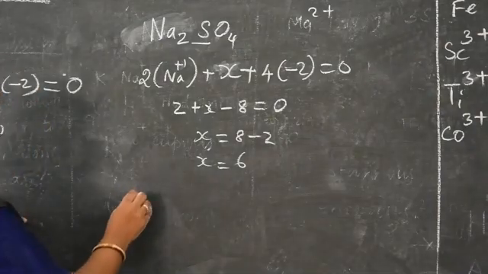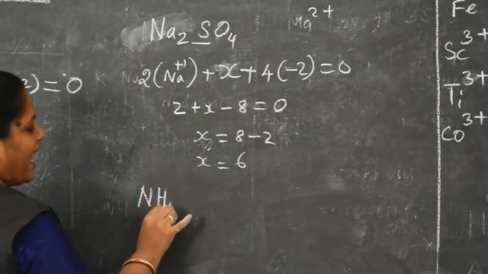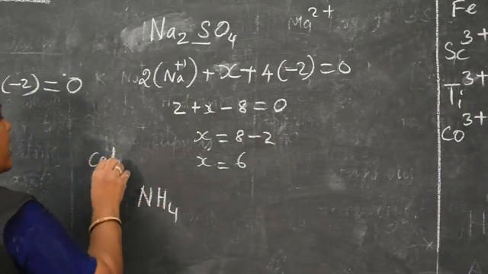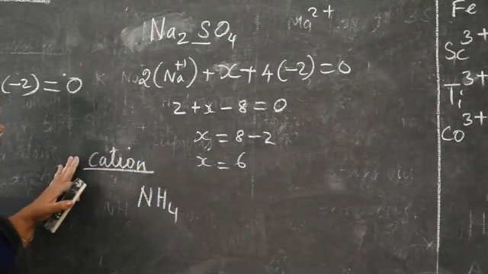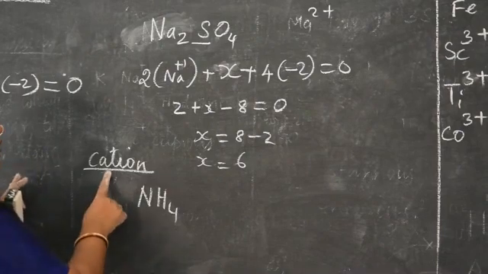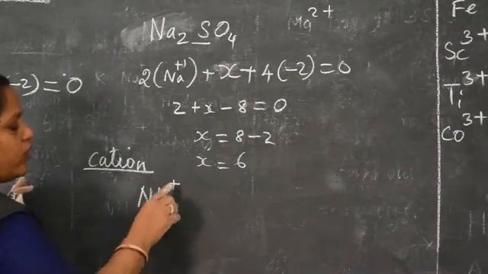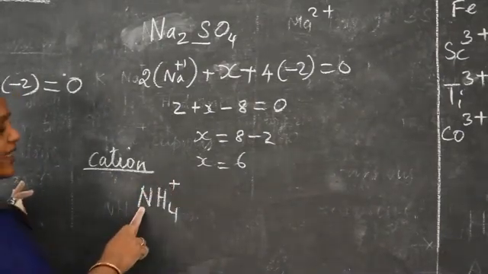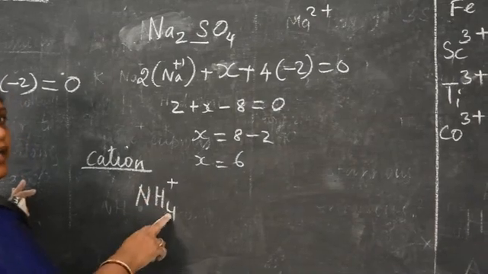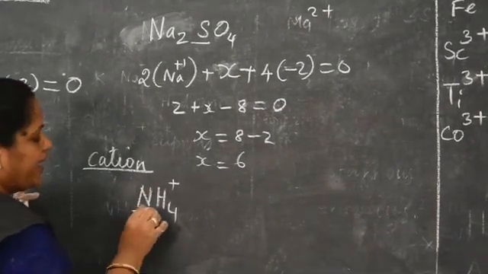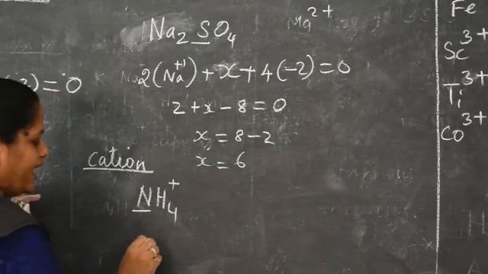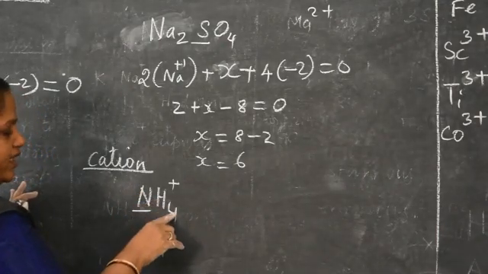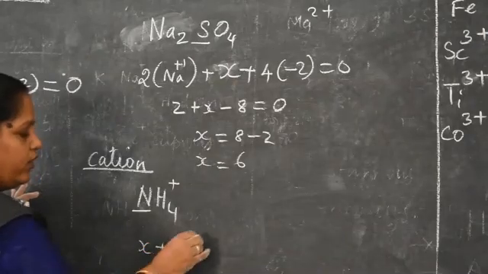Now I consider the NH4 cation. How will you calculate the oxidation number for a cation? For calculation of oxidation number for a cation, NH4 plus I write, this is nothing but the ammonium ion. So calculate the oxidation number for nitrogen. I don't know, x plus, how many hydrogen is there? 4.